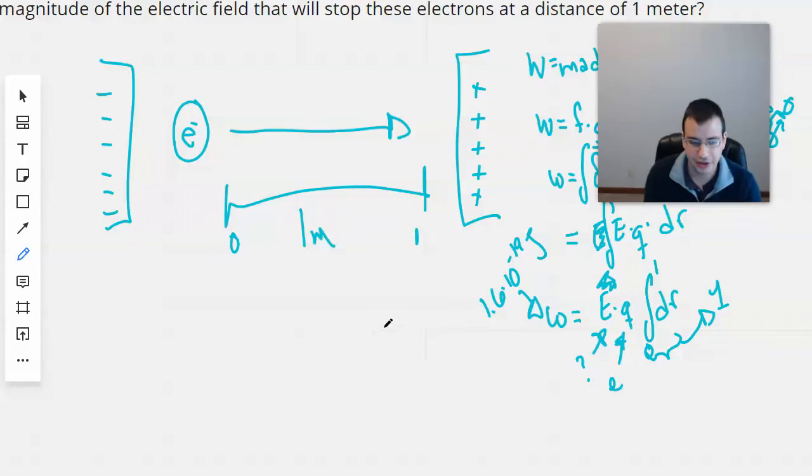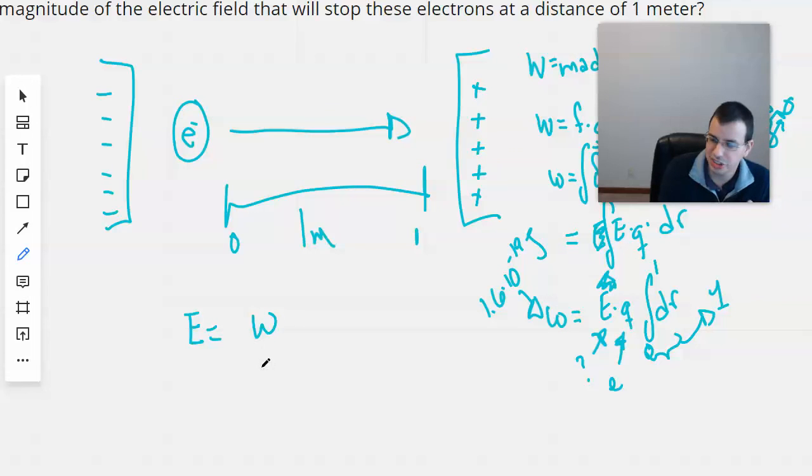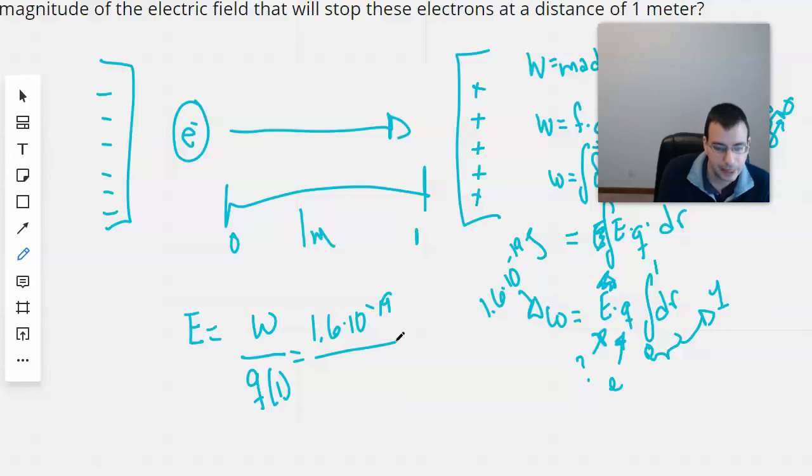So to figure this out, we rearrange for electric field. So electric field equals work, which is just energy measured in joules, over Q times 1, which equals 1.6 times 10 to the negative 19 over the charge of an electron.